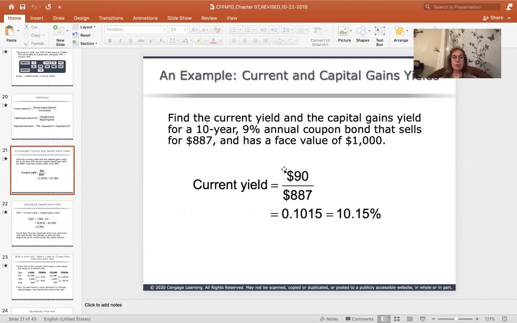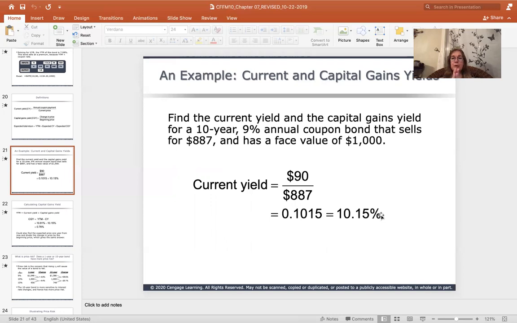The first thing we're going to do is calculate the current yield. If you take $90, the coupon payment, divided by the price, that gives you the current yield. That's 10.15%. So remember, our yield to maturity was 10.91%. Our current yield is 10.15%.